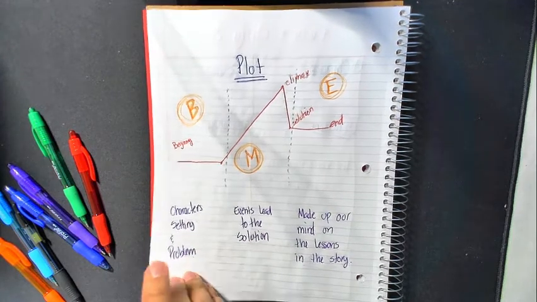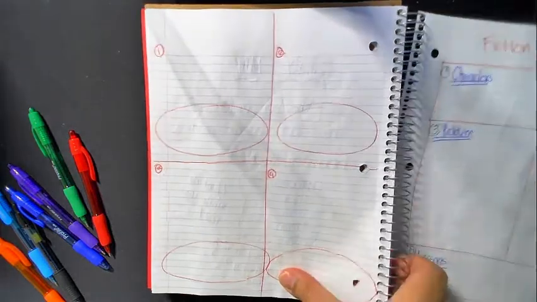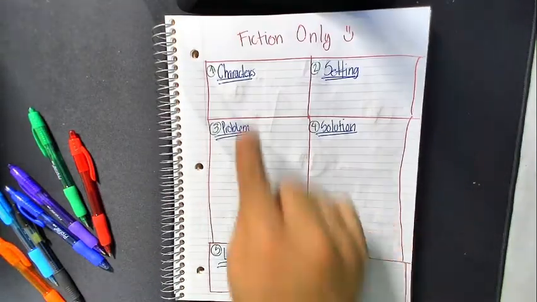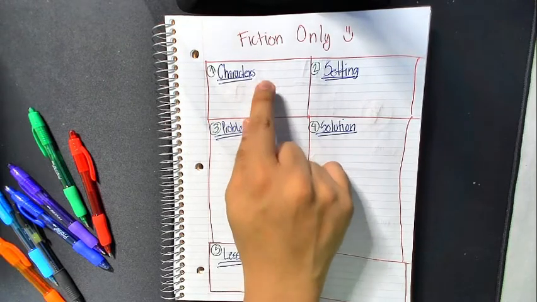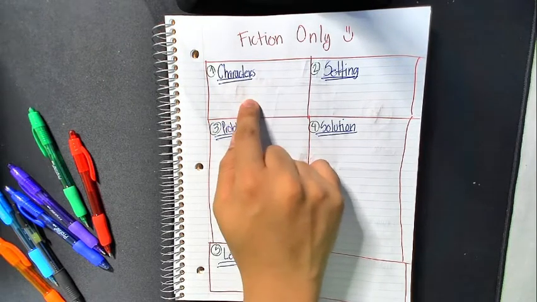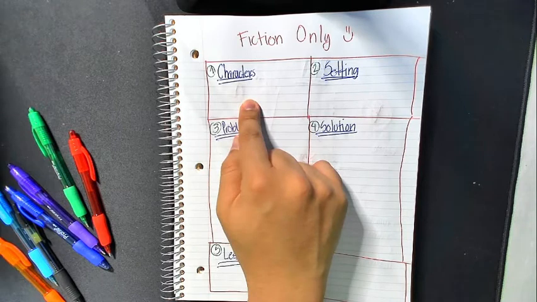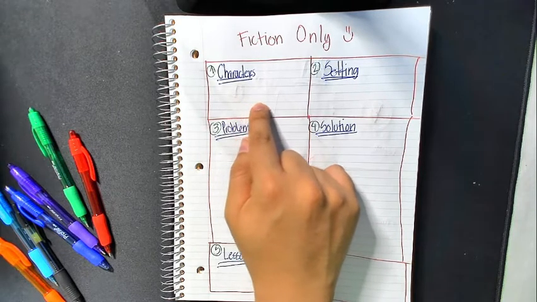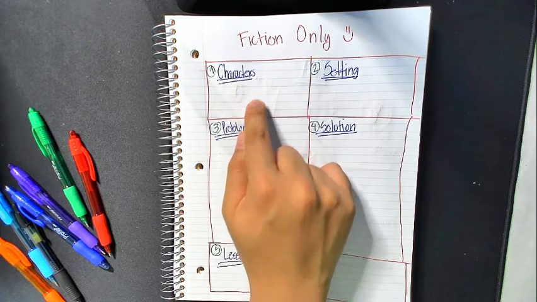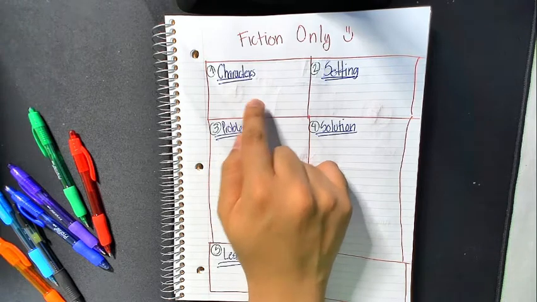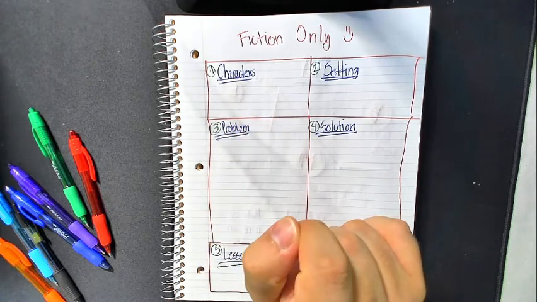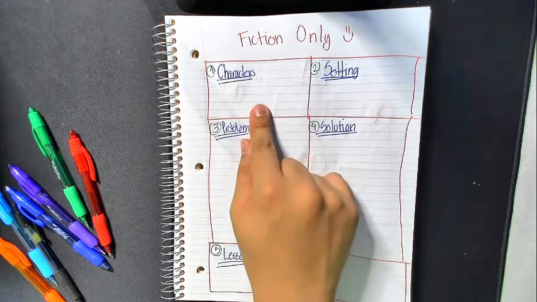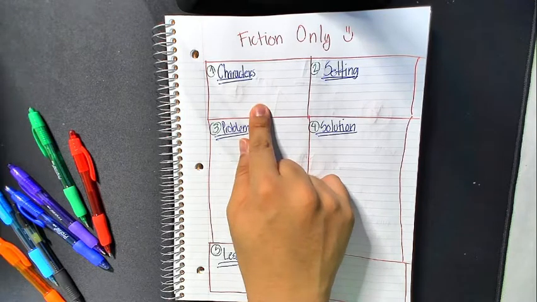So if I were to look back at the map, I would tell you that early in the story, I'm going to know about the characters and the setting. As I read, I might add a little more information here, but usually I have almost everything I need from the beginning of the story on the characters, at least the main characters and secondary characters.